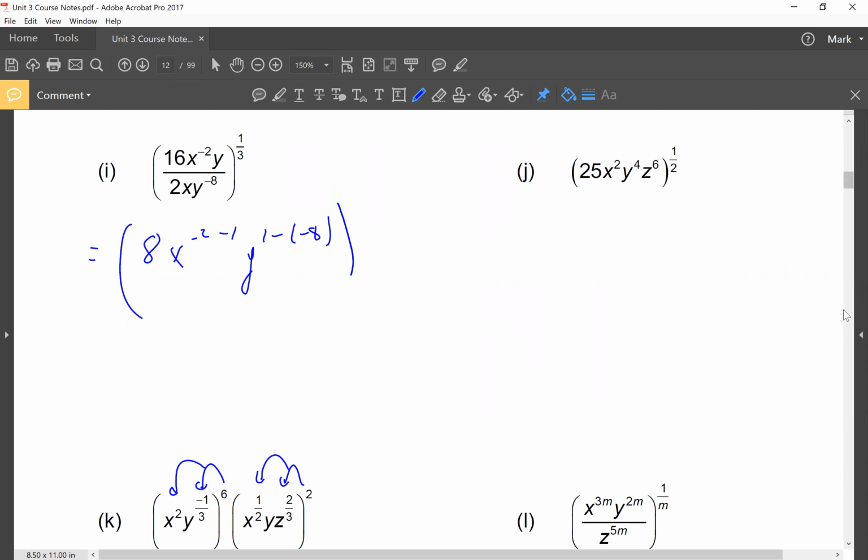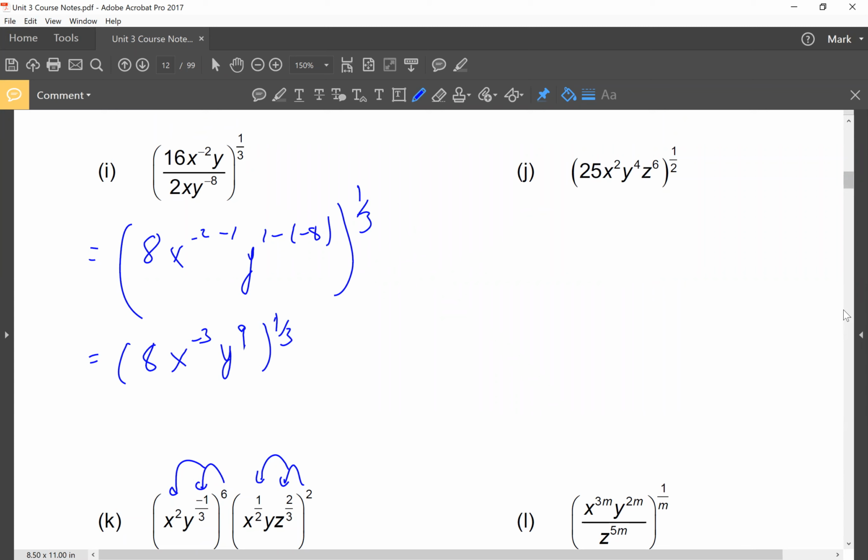Okay, and then of course, all of this is to the power of 1/3. Yeah, so exactly. So what I end up getting is 8 x to the -3, y to the +9. And I'm going to take the cube root, or I'm going to multiply all these by 1/3.